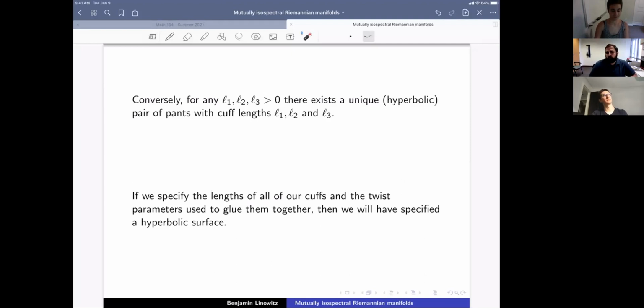So you get this twist parameter also, measuring the twist you do when you glue together the cuffs. When you've specified the pants decomposition, the cuff lengths, and the twist parameters, then you've specified your hyperbolic surface. This way of parameterizing hyperbolic surfaces is called Fenchel-Nielsen coordinates.